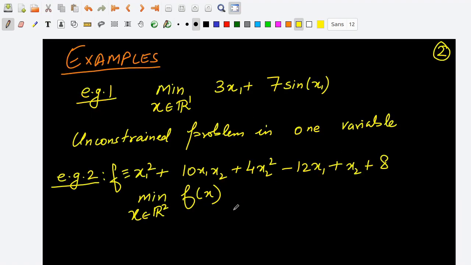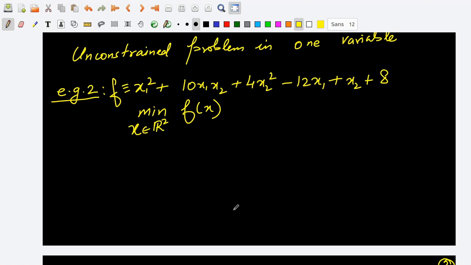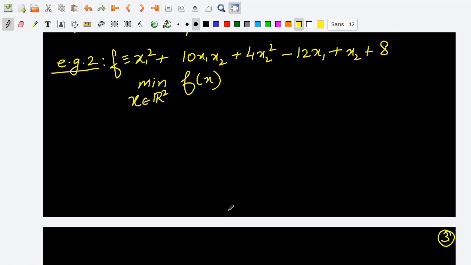Some of these problems may have a very obvious answer, but as we add more nonlinearities or more complications to the function, it starts becoming more and more difficult to solve.